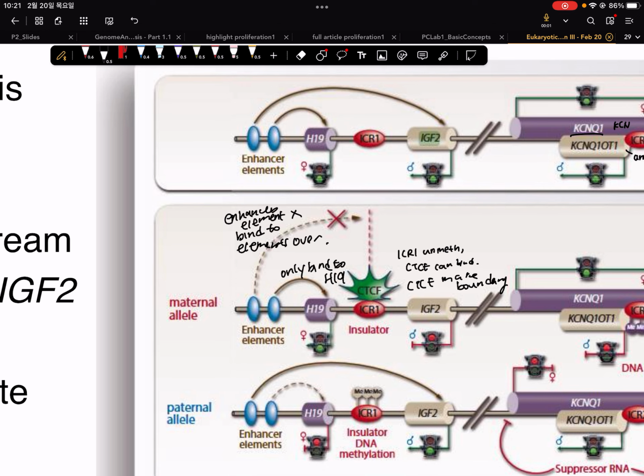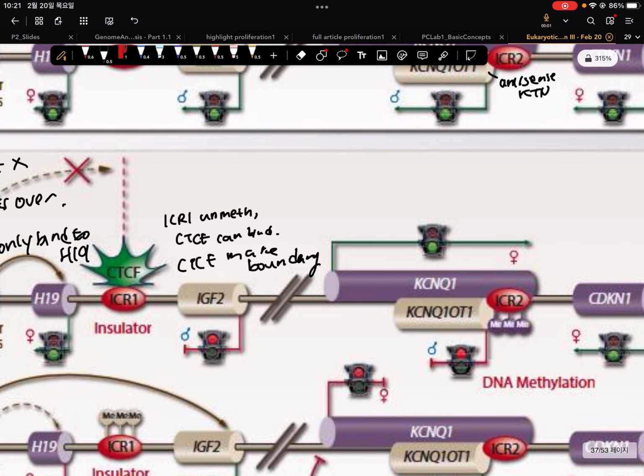ICR2 here is controlling what happens here. There's another imprinting control region, ICR2, that is methylated in the maternal allele. This ICR2 suppresses expression of this antisense RNA, making this one active.